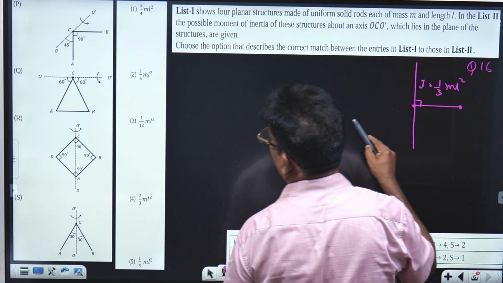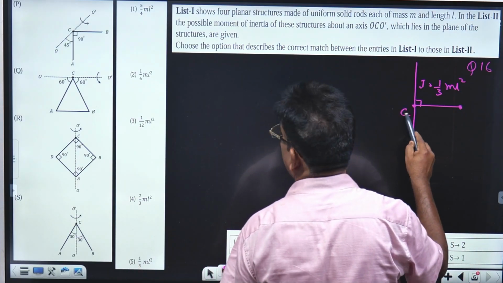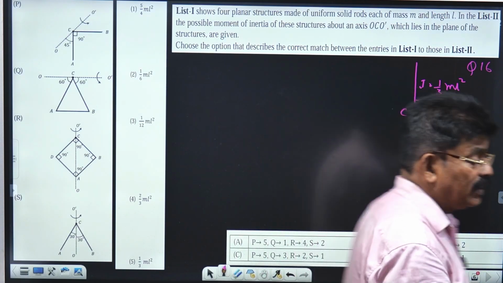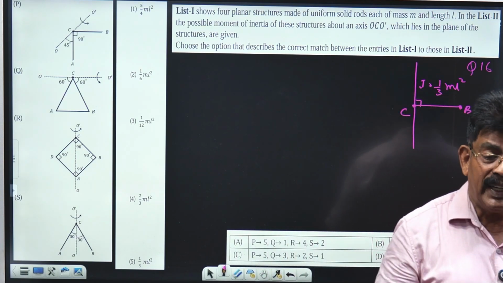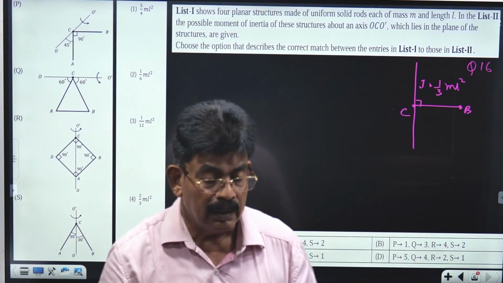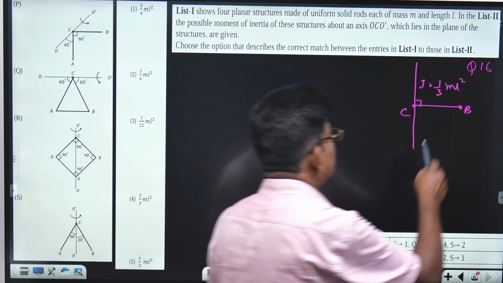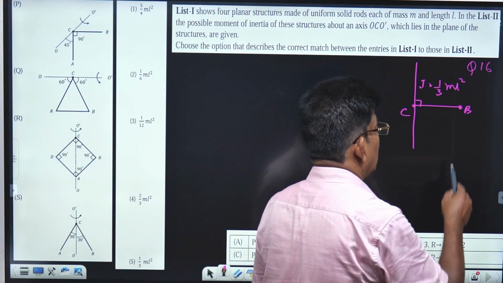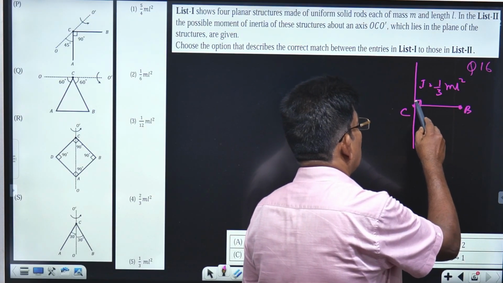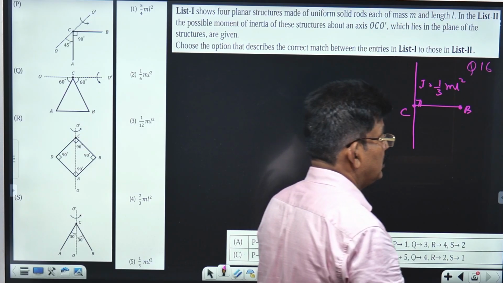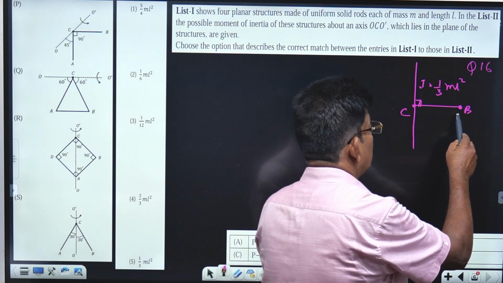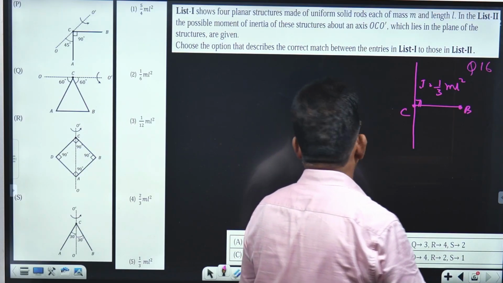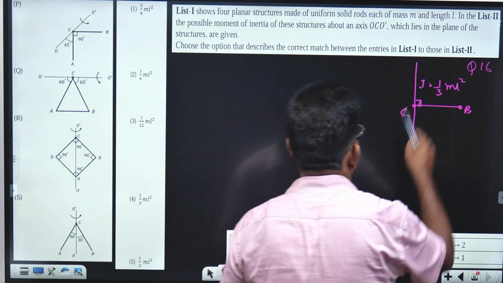This is the point here. In all the cases, the point is C, and the end point we call A, or B, I call B. Now this is not our case, but we've taken a reference case, the basic case. Here, we have to interpret that L is the perpendicular distance of the end point B from the axis.